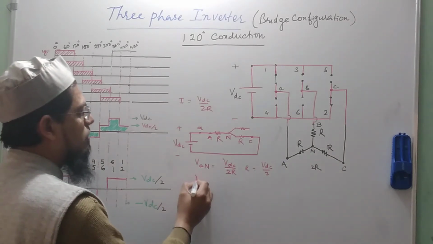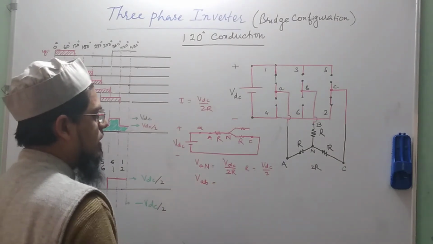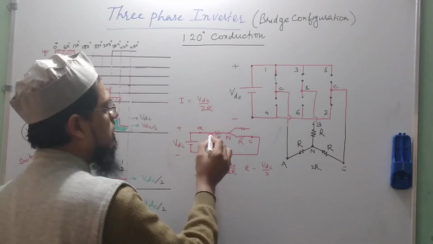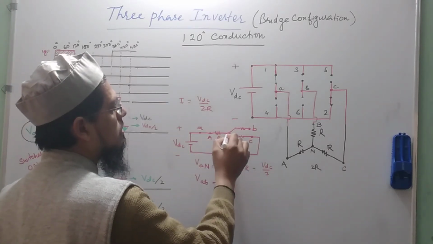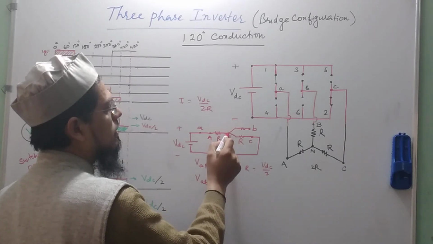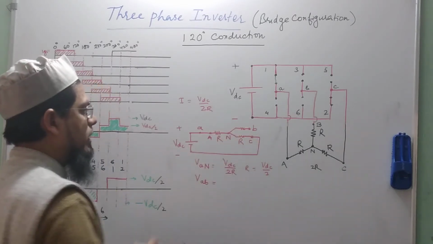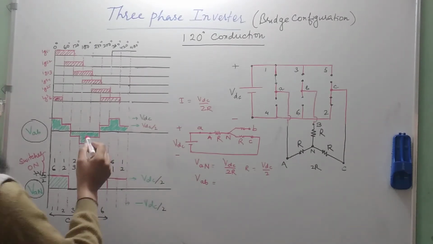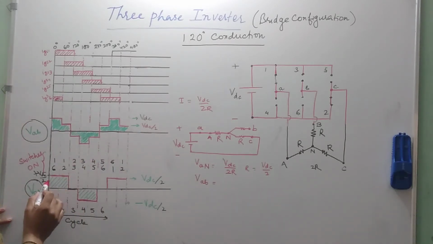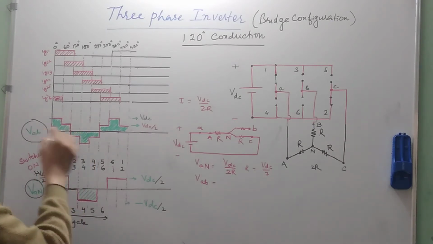Now, let us find out the line voltage VAB. So, VAB will be from this point to this point, this is B, but this is the same as this point. Oh, sorry, I mentioned this here, it should be here. So, VDC by 2 is here and not here. Okay. Now, we are finding out VAB.